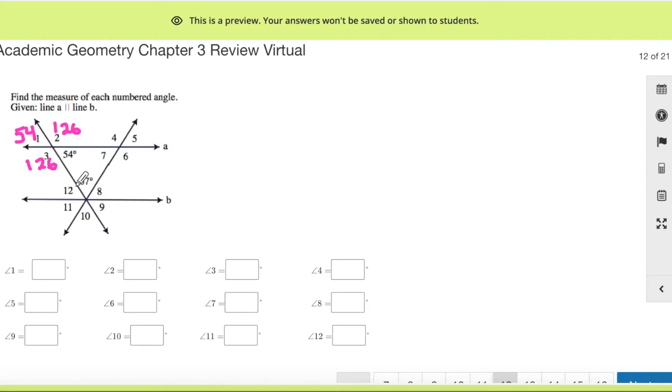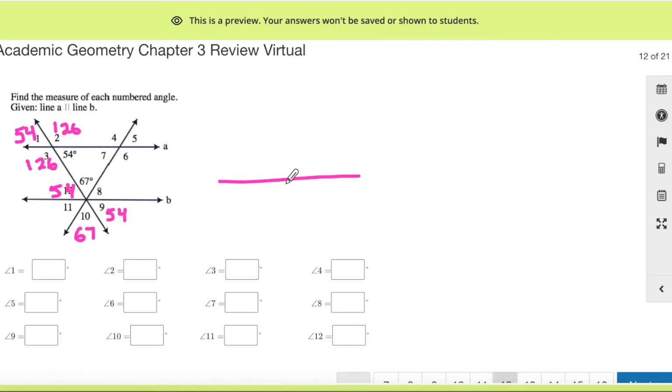This 54, angle 1 and angle 12 are going to be corresponding. So that 54 would come down here. 9 and 12 are vertical, so that 54 would have to come over here. 67 and angle 10 are going to be vertical, so that's going to be 67.